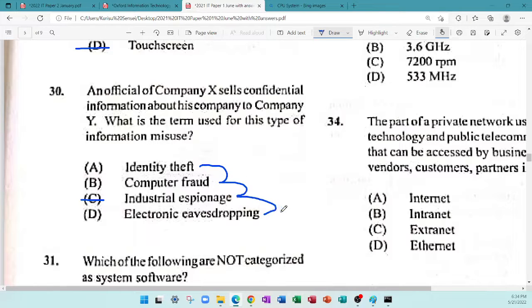That includes identity theft and industrial espionage. They're all types of computer fraud. Identity theft is stealing a person's information and using it as your own, but that's not what's being done here. Industrial espionage is mostly about stealing important information and trying to use it. Good.